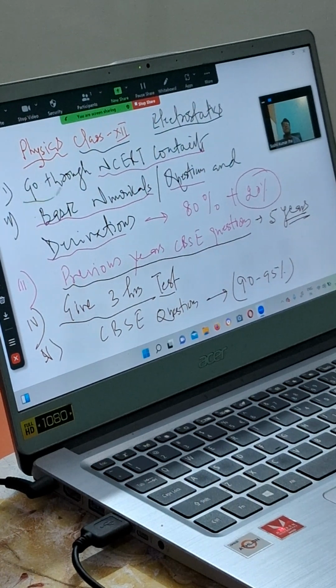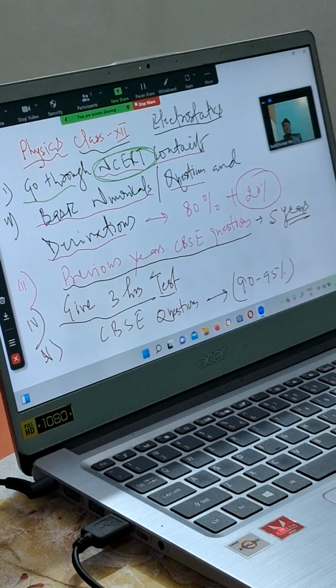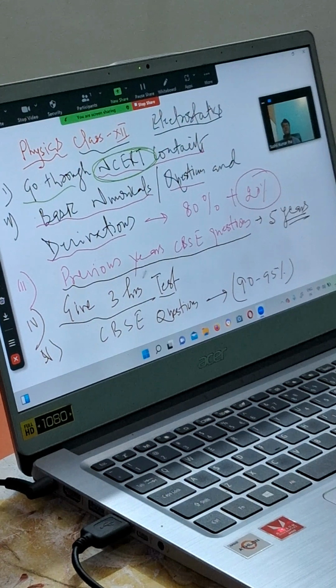If anyone has some doubt in NCERT and the content, for that I am going to give you some highlights. What are those highlights? All of you please see.